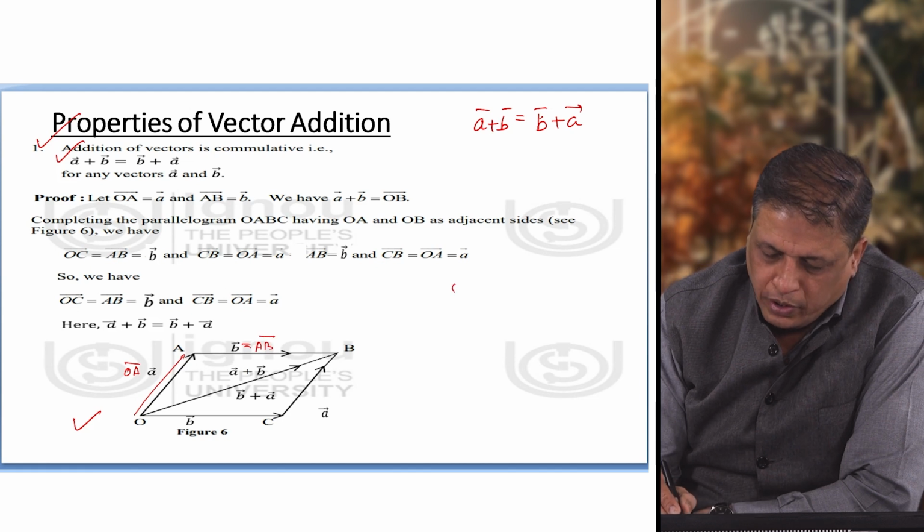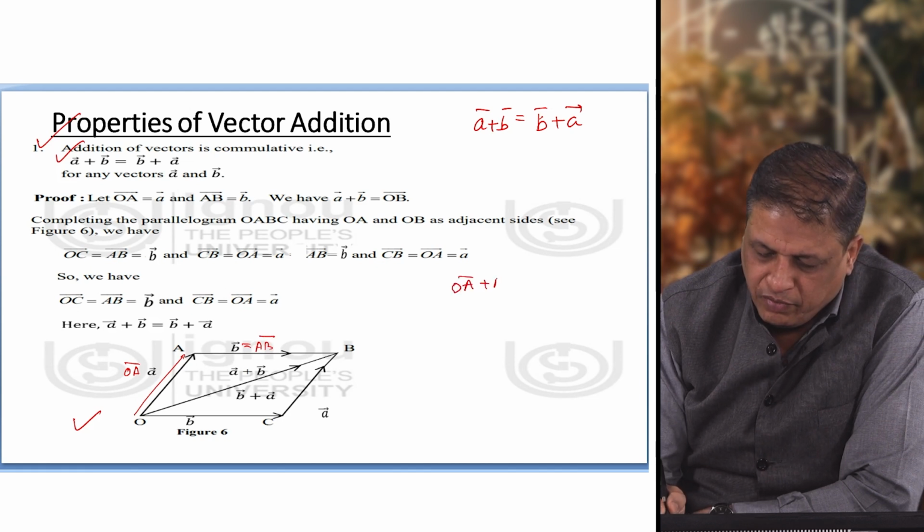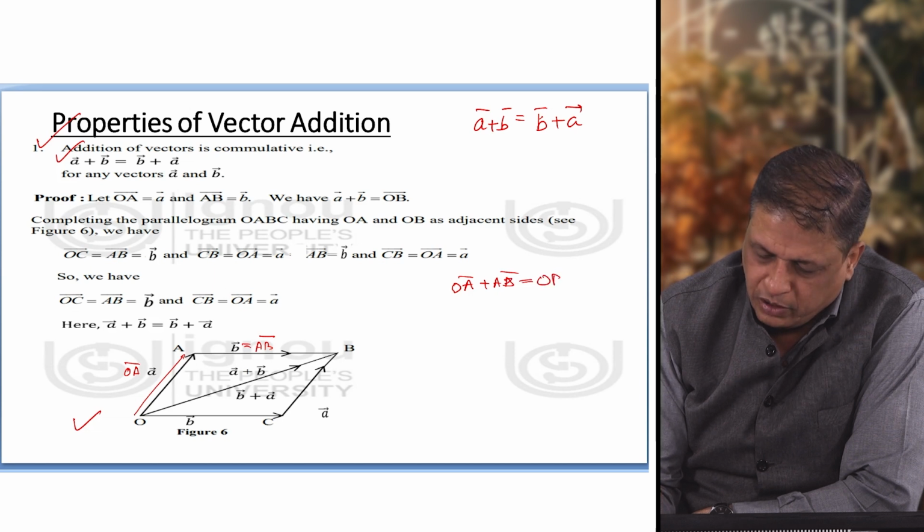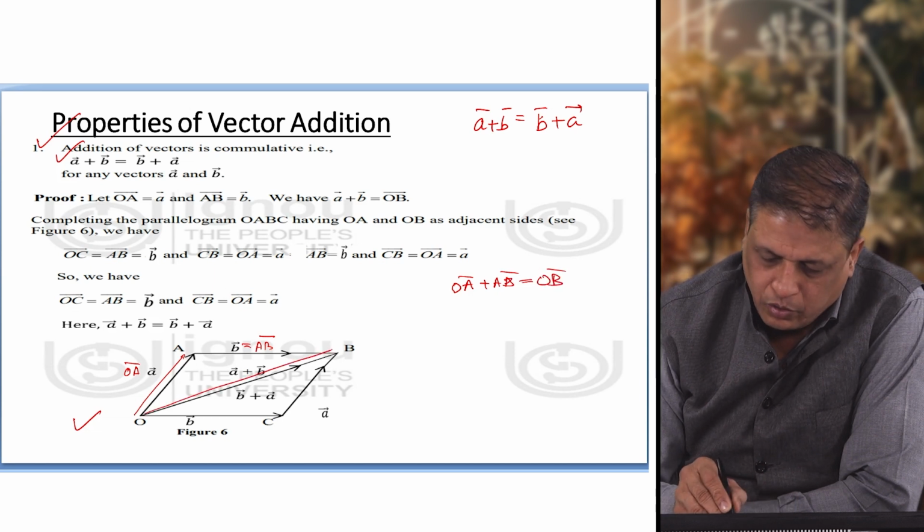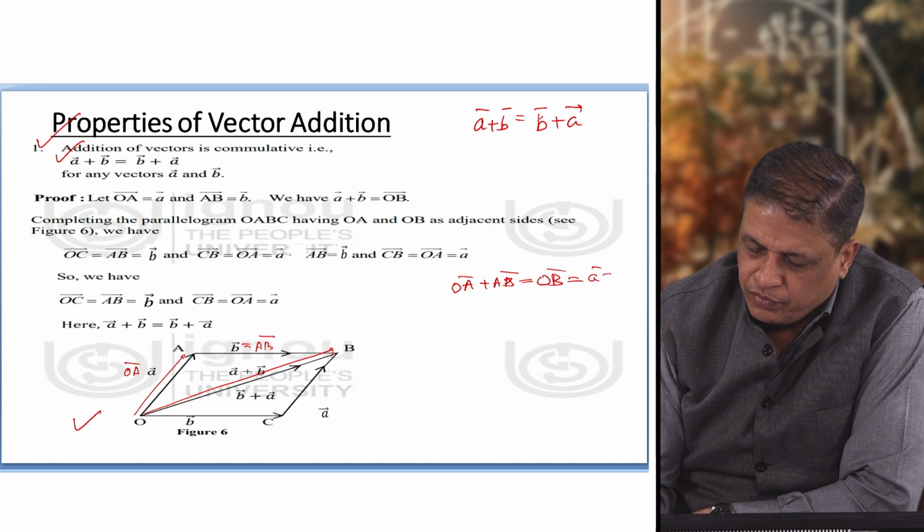So, OA plus AB is equal to OB by the triangle law of addition of vectors, which is vector A plus vector B.